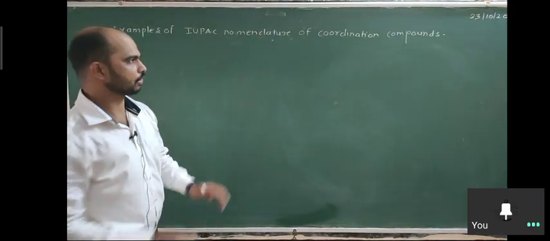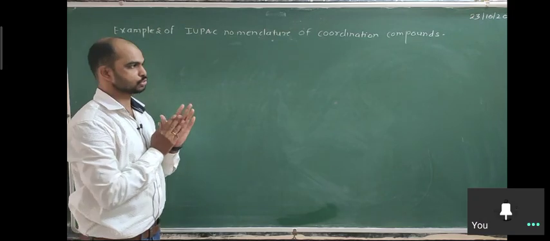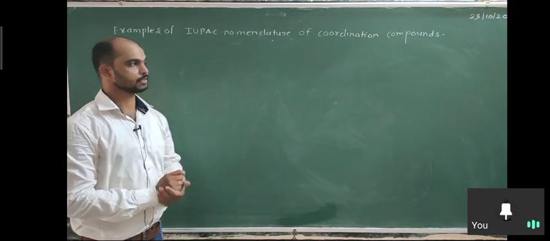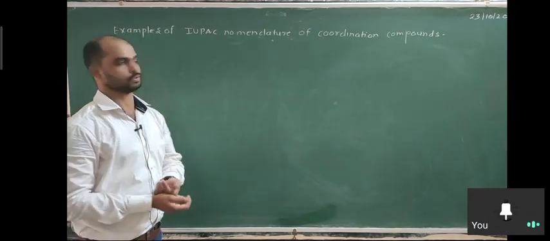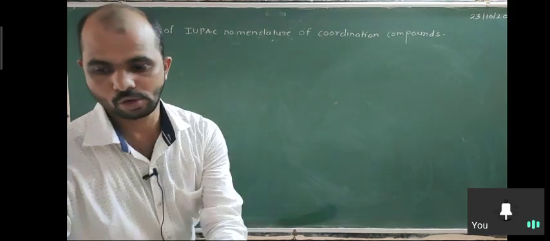So we follow all the rules. It is very interesting to give the name for a compound which is unknown to you. So we are going to solve one by one.